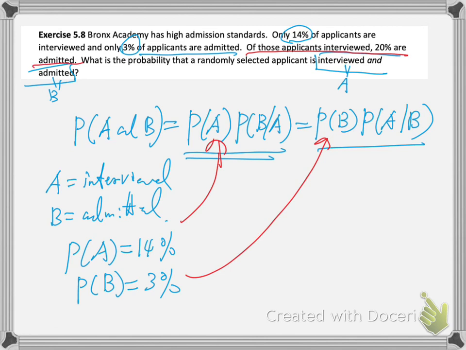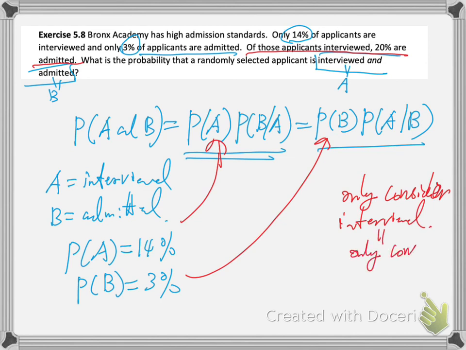This sentence is the key: of those applicants interviewed, 20% are admitted. This means if you only look at the people that were interviewed, you only consider A. So this is P(B given A), which is the 20% in this sentence.